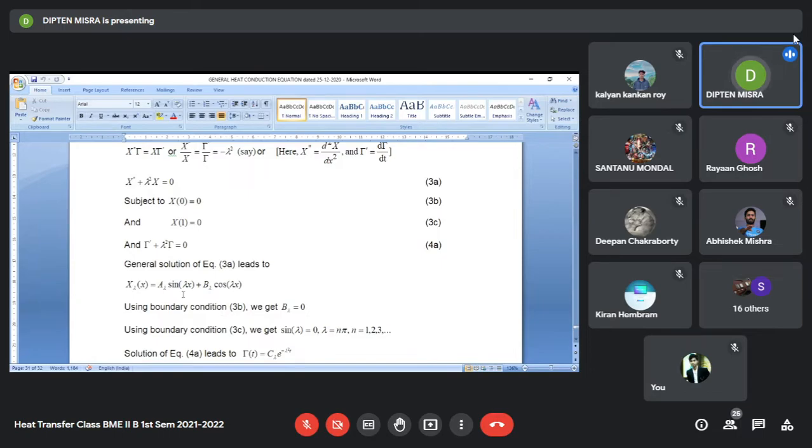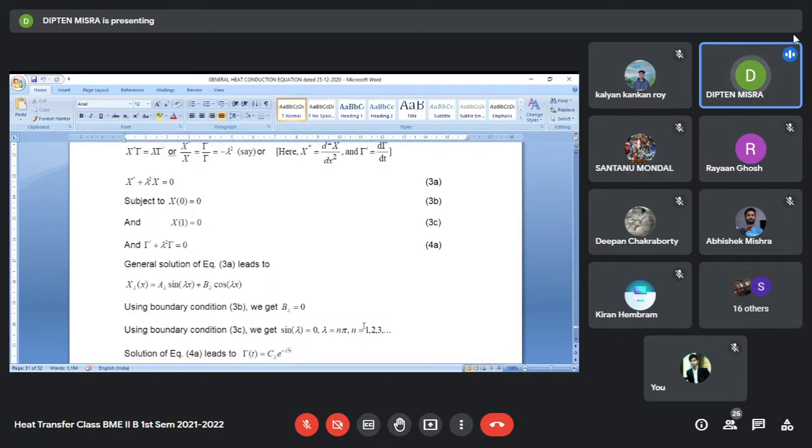For the same reason: when n becomes equal to 0, λ is 0π, which means 0, so this term will go out. This has to remain for other values of x. If λ becomes equal to 0, for all values of x this term will be altogether absent. But that cannot be so. So n cannot be equal to 0.